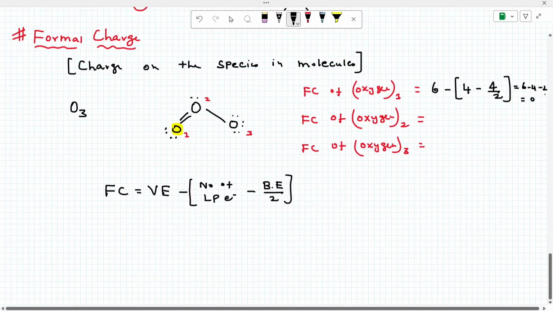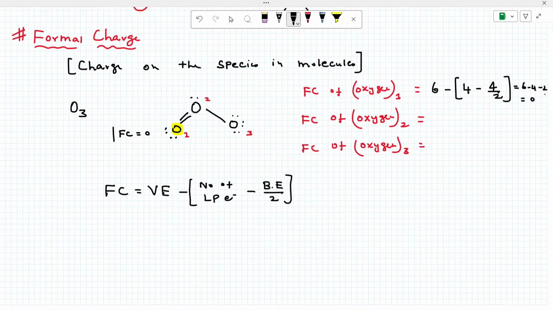What is the first option? The first answer is that this formal charge is 0. You got the point. Second, see this O2 oxygen. Valence electron 6, open the bracket. How many lone pair electrons? Only two electrons. How many bond electrons?